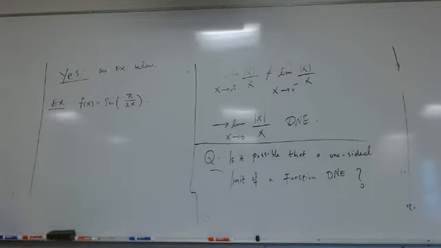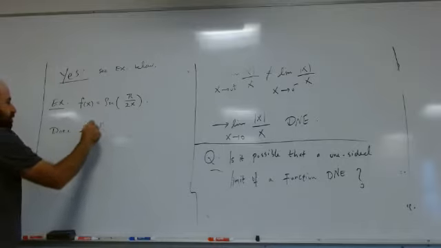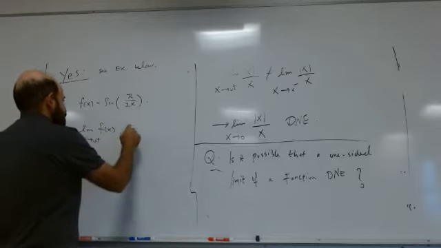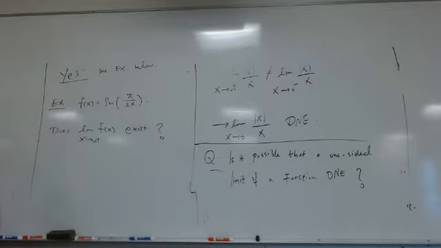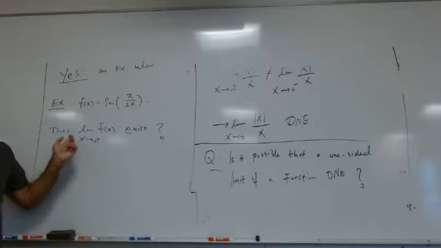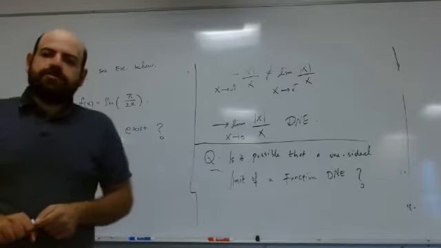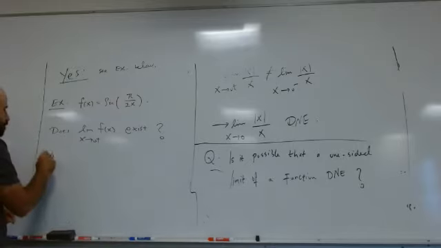Sine pi over 2x. Does the right limit at 0 exist? So I'm going to show you that the right-sided limit does not exist for this function. The answer is no.